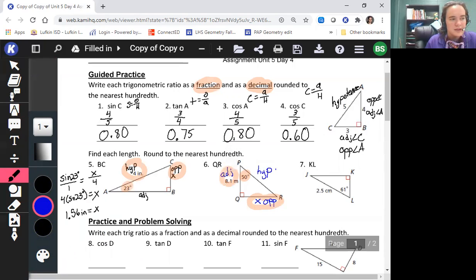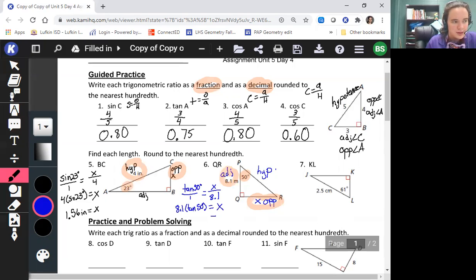So opposite over adjacent is tangent. So we have tangent of our angle, 50 degrees, again over 1 equals our opposite, which is x, over our adjacent, which is 8.1. We're going to cross multiply. So we have 8.1 times tangent of 50 degrees equaling x.